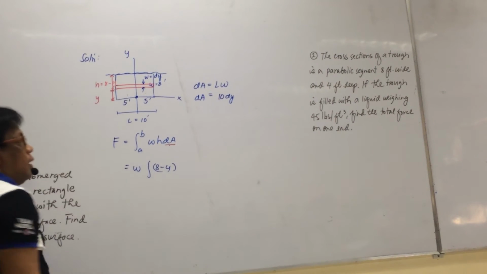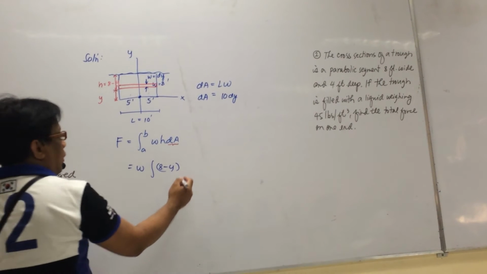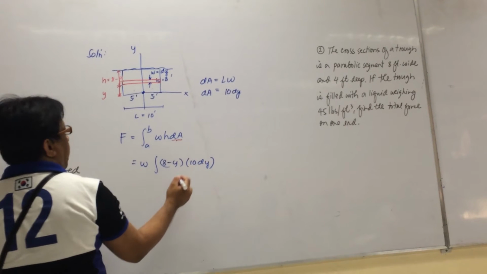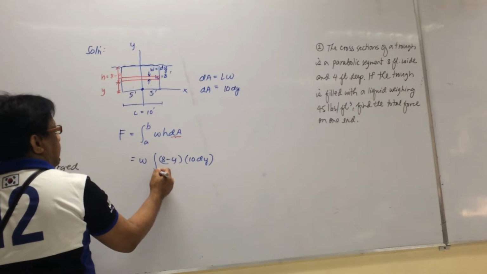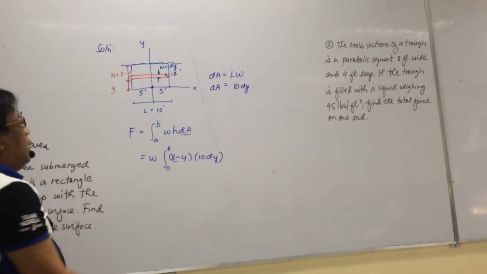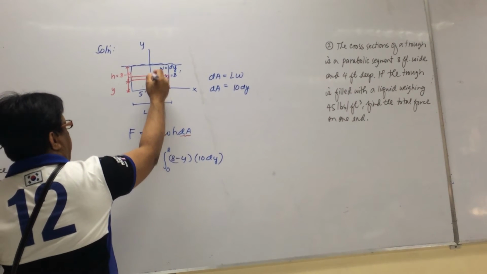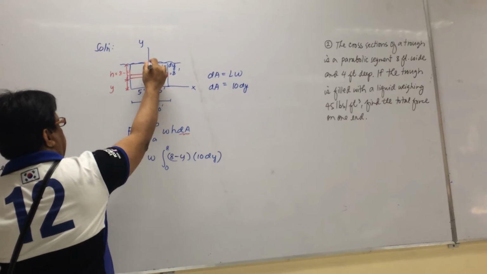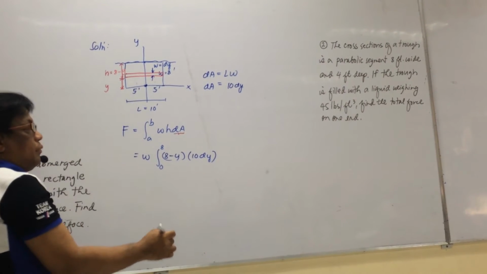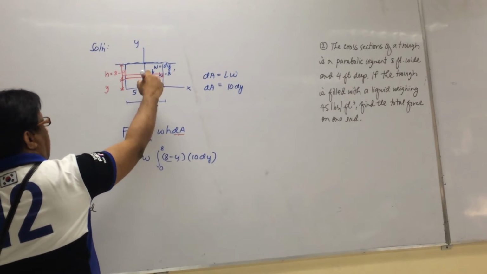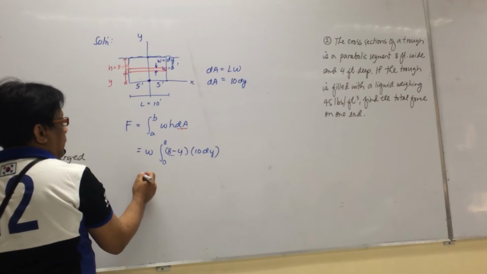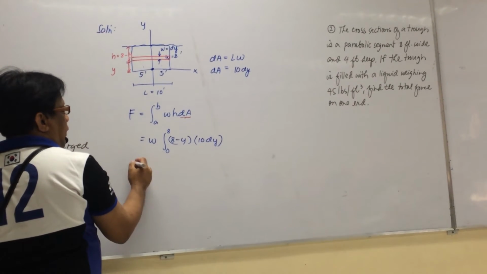That will then be your differential area. So substitute here, and we have the limits from 0 to 8. How is this 0 to 8 obtained? Because the surface is 8 feet in height, so we base it on the height of the surface. With that, we can now compute for the force.